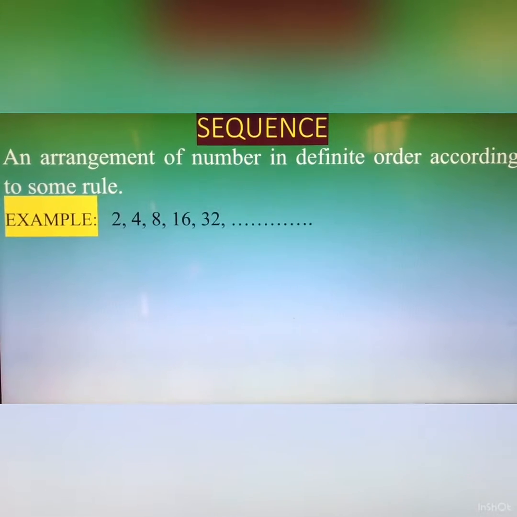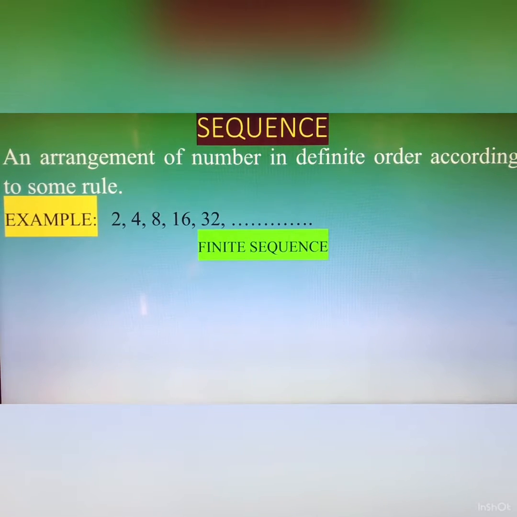For example, these are some numbers arranged with a rule: 2, 4, 8, 16 and 32, and every number is related with a rule, that is, the previous number is multiplied by 2. 2 twos are 4, 4 twos are 8, 8 twos are 16. So this type of arrangement of numbers is called a sequence.